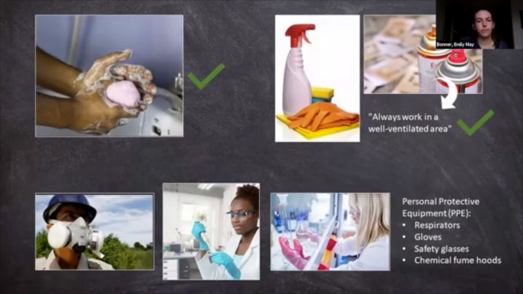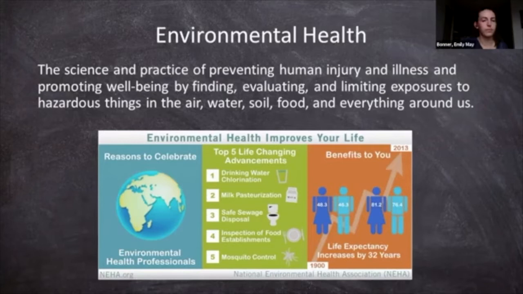But some chemicals can be harmful to us or the environment, and we either need to be careful to limit our exposure to them or to wear protection when working with them. This idea can be summed up in a concept called environmental health. It is the science and practice of preventing human injury and illness and promoting well-being by finding, evaluating, and limiting exposures to hazardous things in the air, water, soil, food, and everything around us.